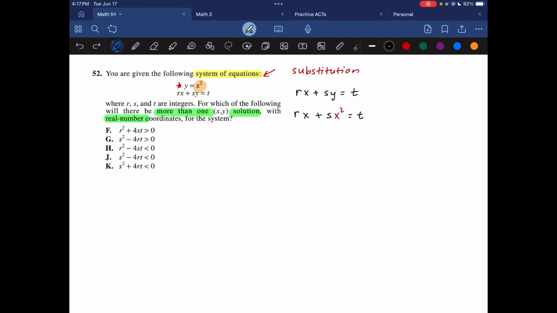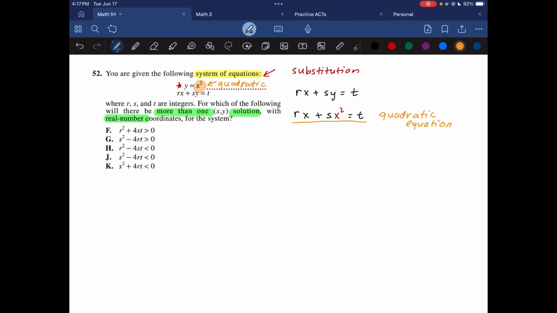Then I can see that this is now quadratic. Remember how I highlighted this as being quadratic? Hey, look, this is a quadratic equation. The reason I know that is because we have an x squared term, we have an x term, and we have a constant term. And when we solve quadratic equations, we want to always have it be equal to 0.